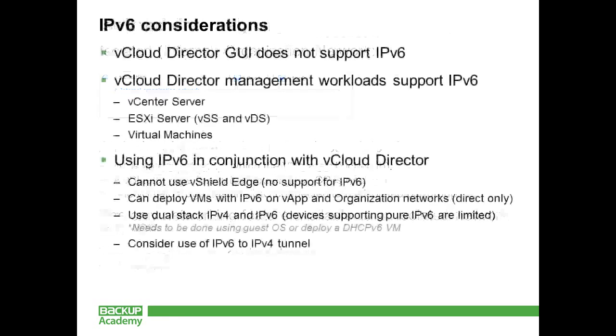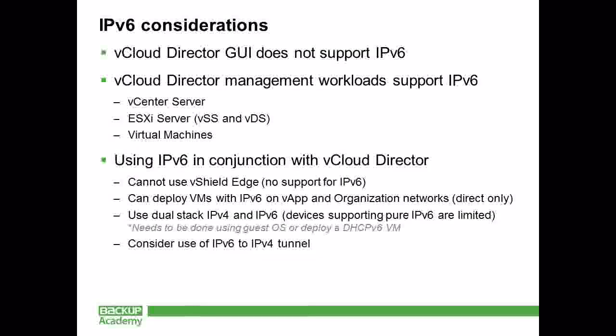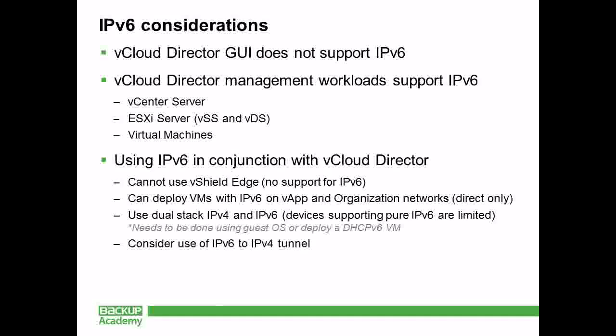So there are some considerations when looking at IPv6 and vCloud Director. Currently, as of version 5.1, the VCD GUI does not support IPv6. The workloads support IPv6. So, for example, you can have Windows 2008 running IPv6.